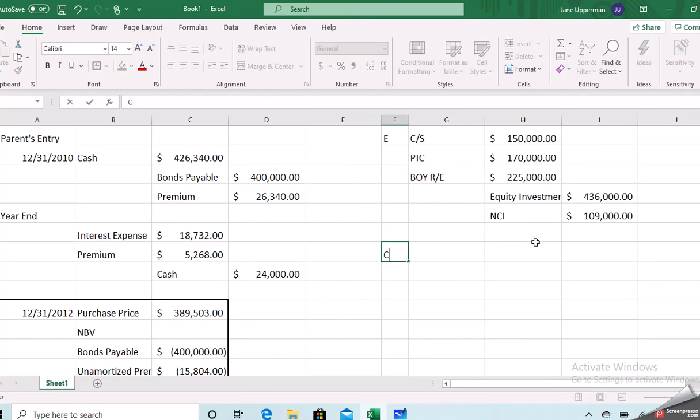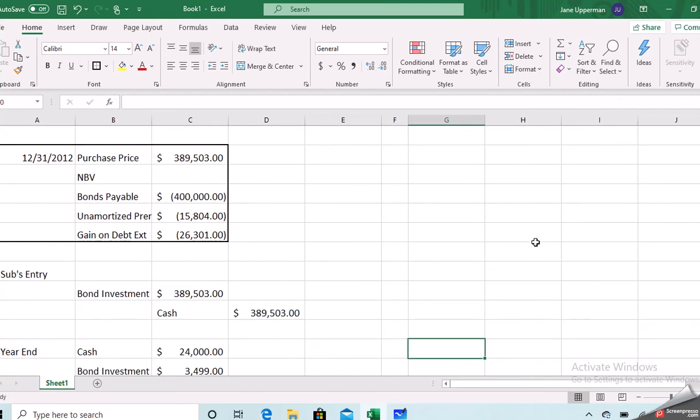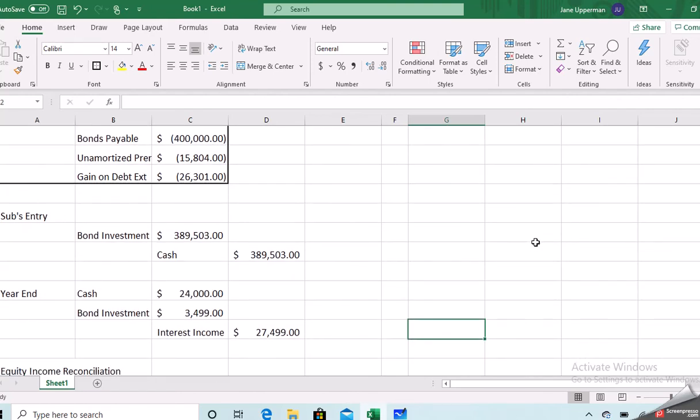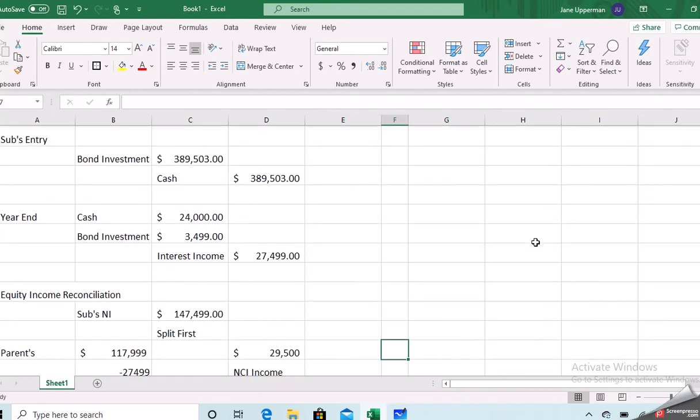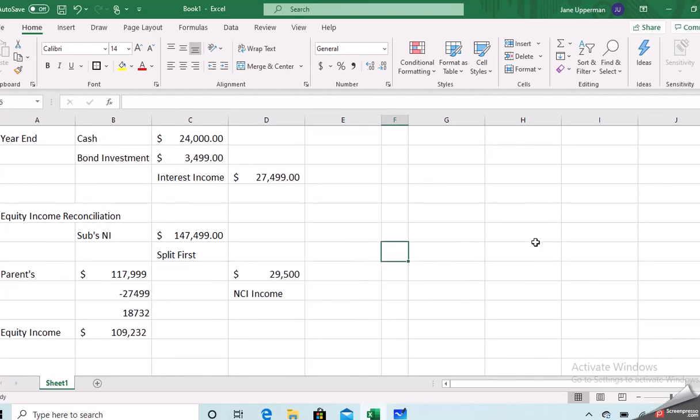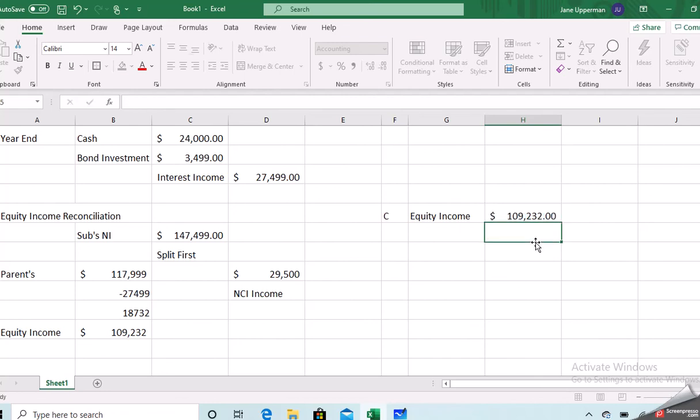Then we're going to come down to the C entry, which is kind of what I mapped out down below. I'll do these a little bit out of order. My C entry is going to be out of this stuff. I'm going to debit my equity income for the $109,232.